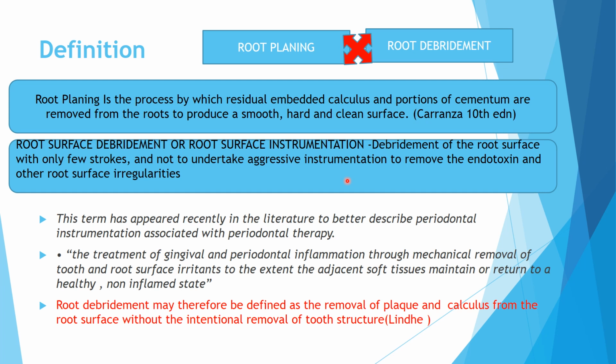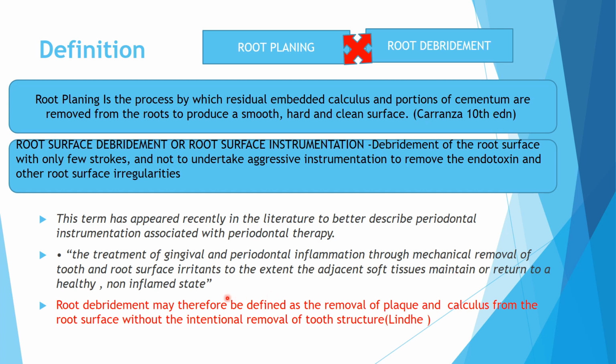Okay, so this will be clear by the following details. This term has appeared recently in the literature to better describe periodontal instrumentation associated with periodontal therapy. It is the treatment of gingival and periodontal inflammation through mechanical removal of tooth and root surface irritants to the extent that the adjacent soft tissues maintain or return to a healthy, non-inflamed state.